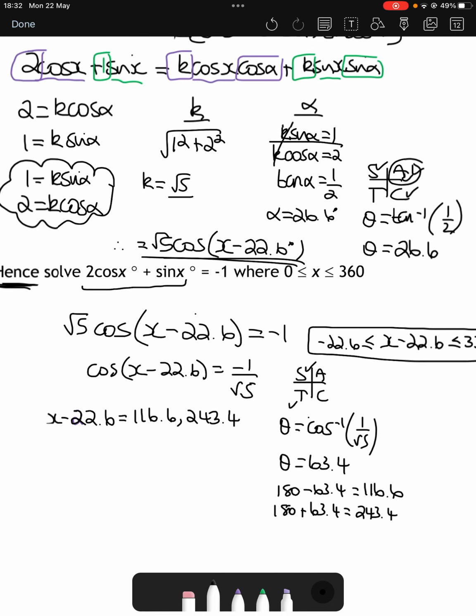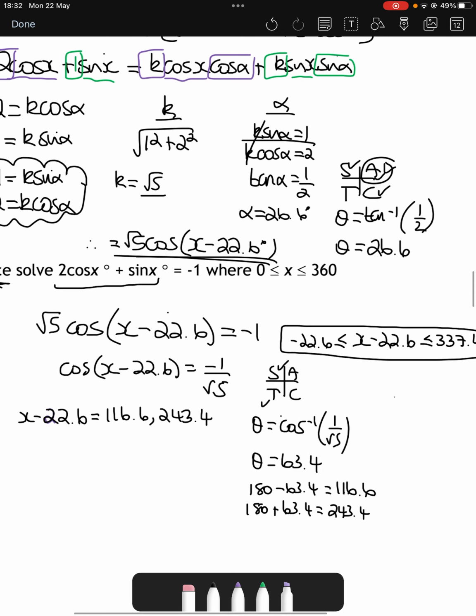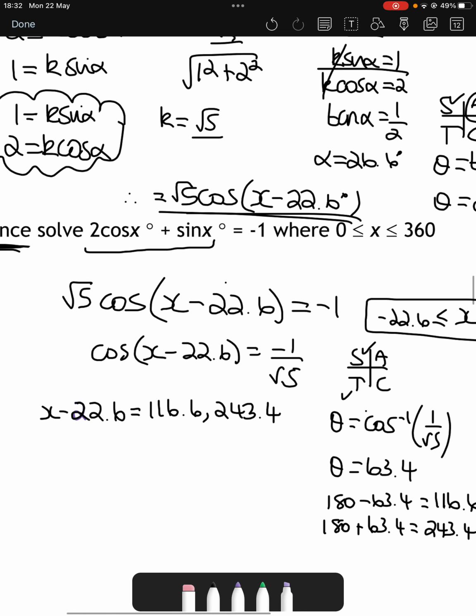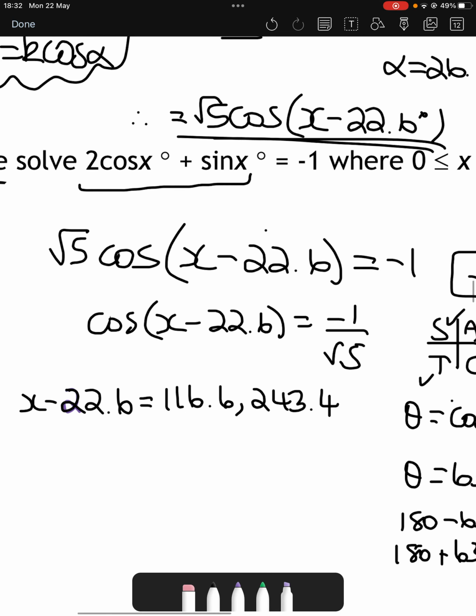Okay, we need to check if we've got any more values and looking at your boundary there. So we're going between negative 26.6 and 333.4. Now if we add on 360, it's clearly going to be too big. Also check minus 360. But if you take away 360 from 243, it's going to be within that negative 26.6, so we don't need to do anything with it.